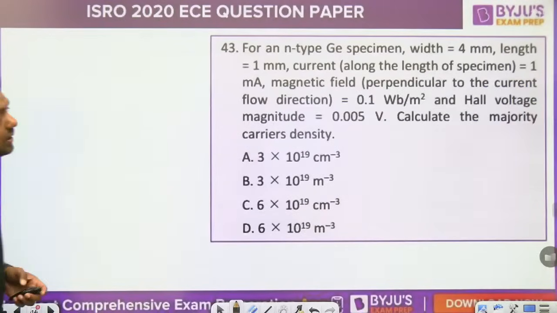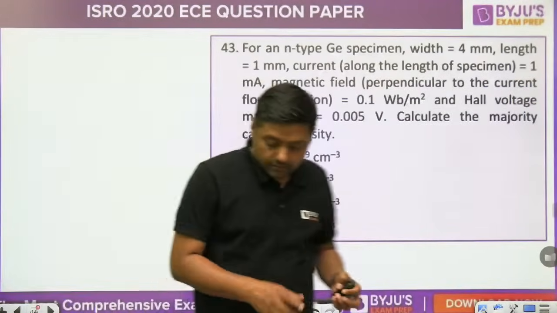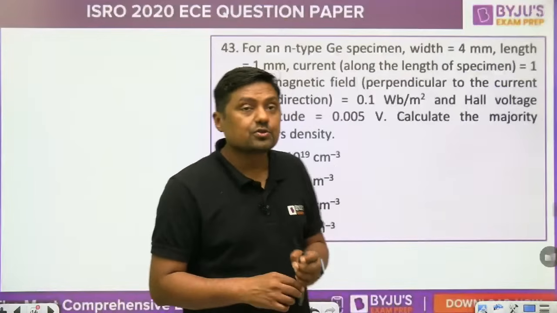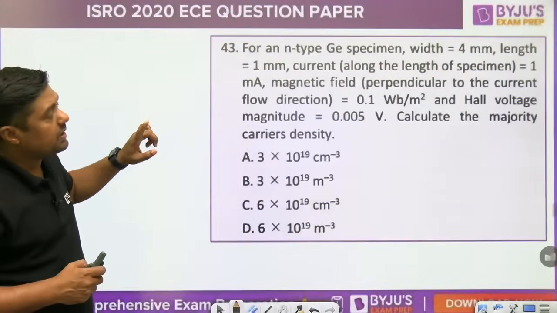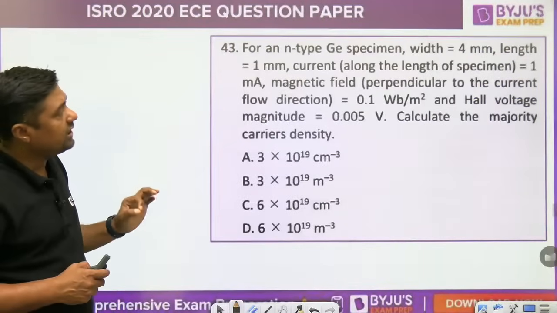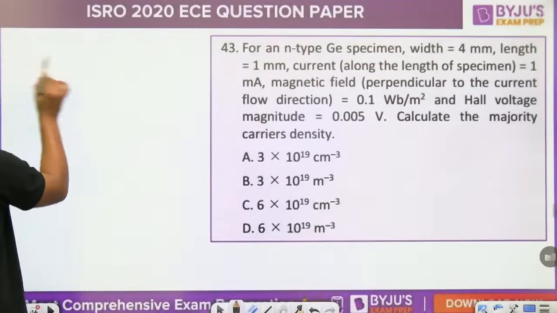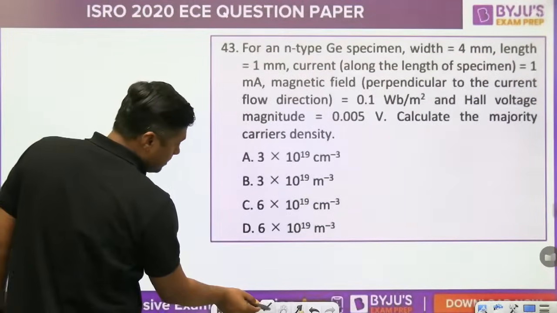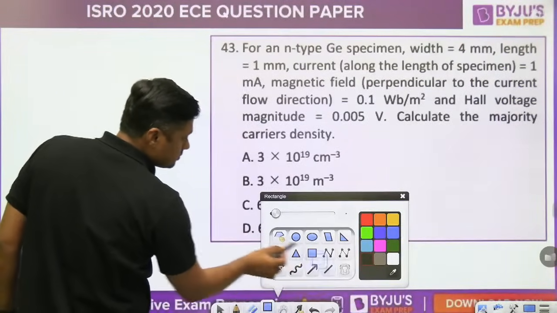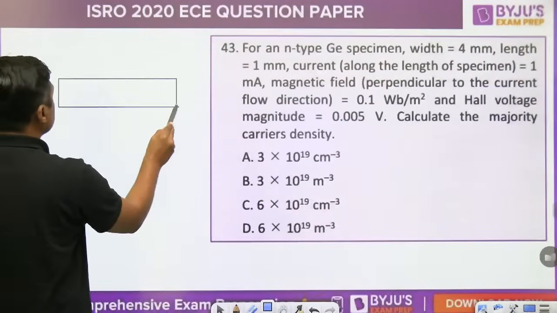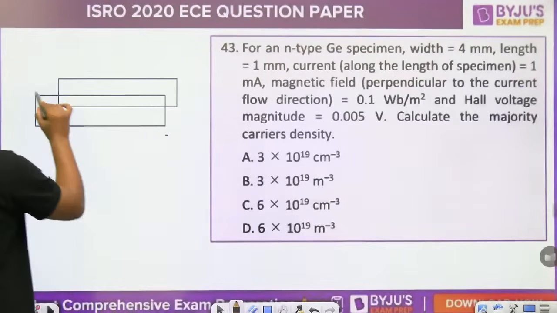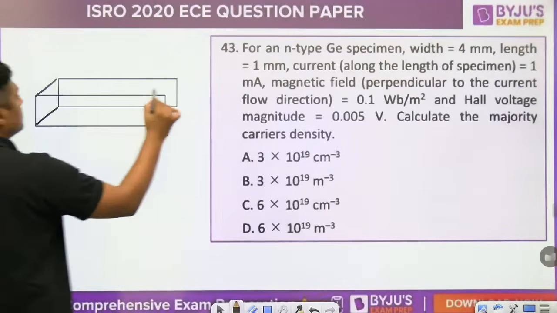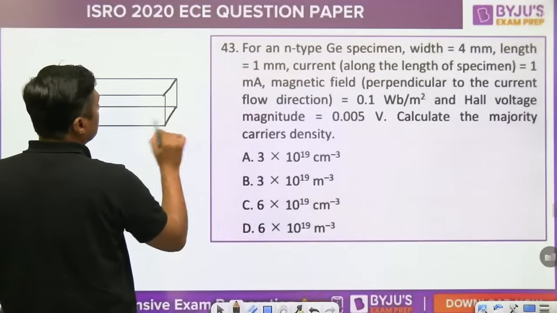Tell me, next question. Again, that is the question on an n-type germanium specimen, width 4 mm, length 1 mm. W is given, that is the width.